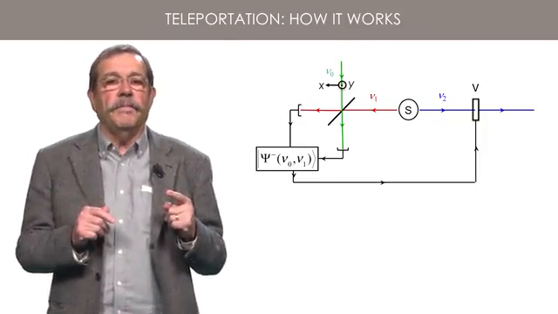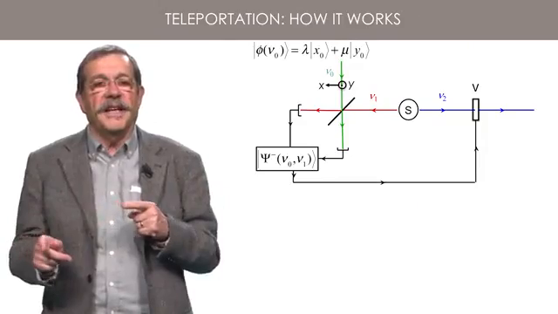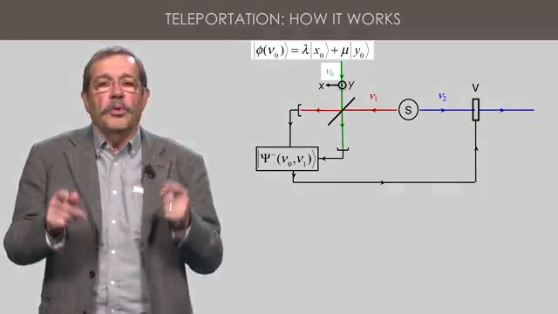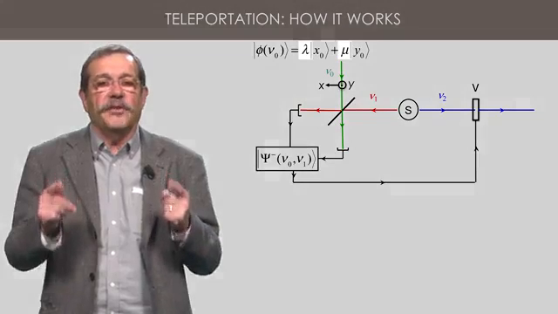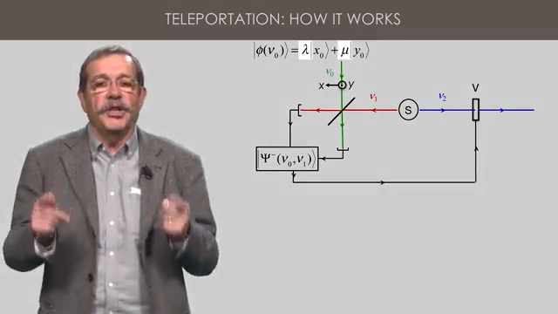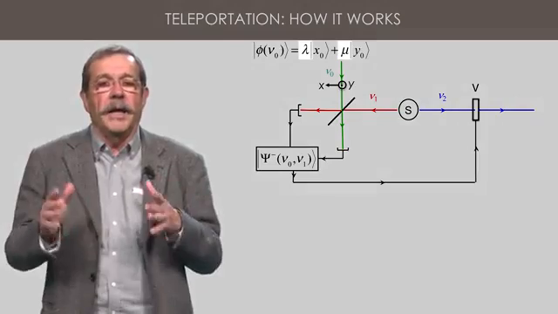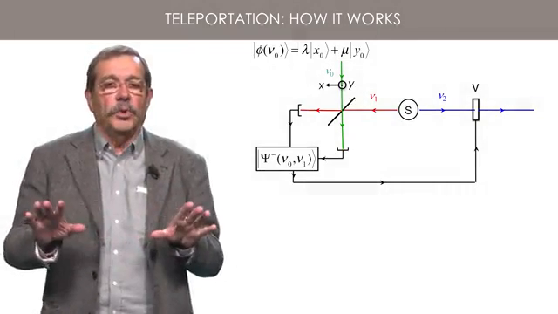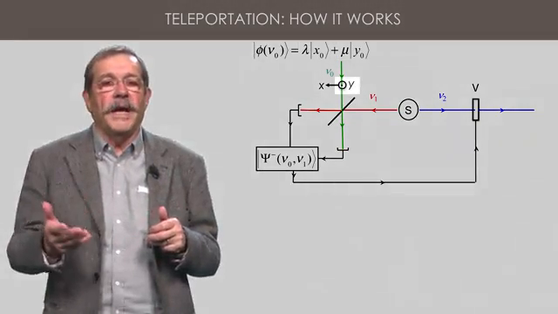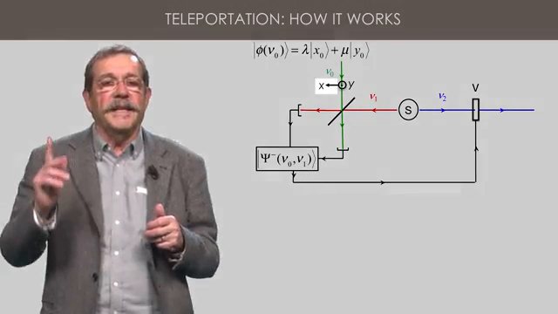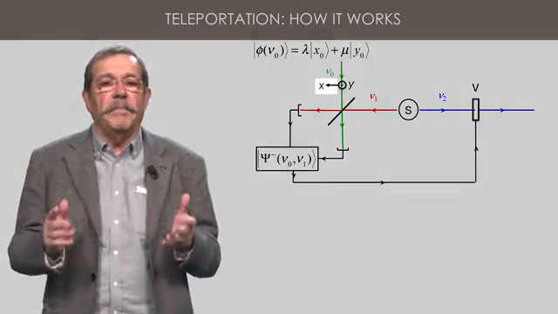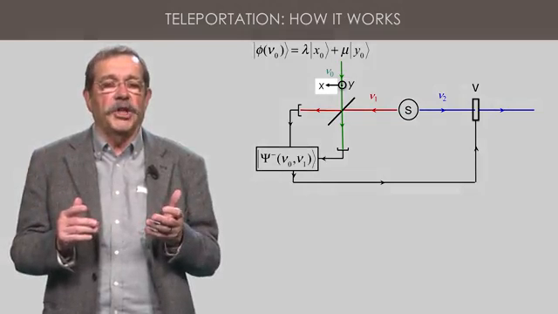We want to teleport the polarization state of photon nu0, phi of nu0, which is expressed with these two x and y polarization components, lambda and mu. As usual, polarization y is perpendicular to the figure and polarization x is in the figure and perpendicular to the direction of propagation.